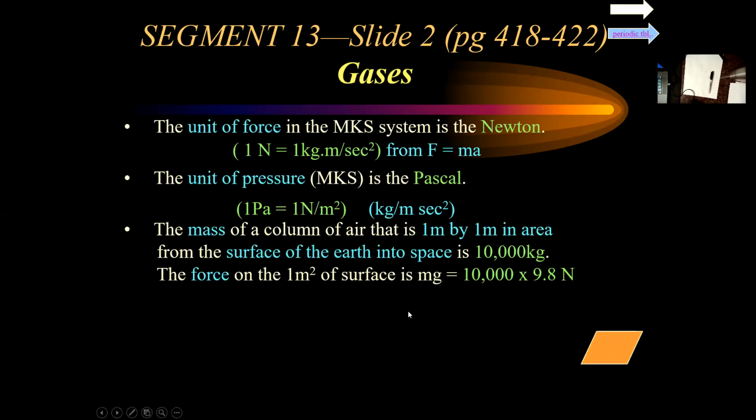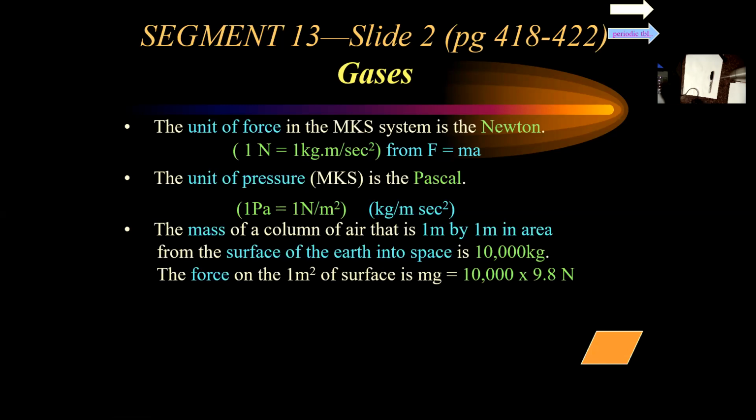Now, this is a really interesting number. If you think about atmospheric pressure, it is really the force that the atmosphere is exerting because it has a mass. And the force that it's exerting on a square meter of area would be the pressure in pascals.